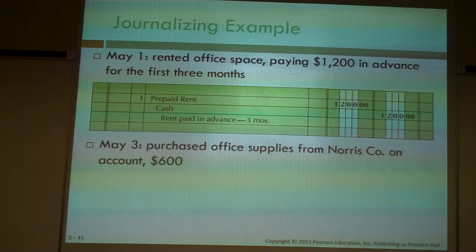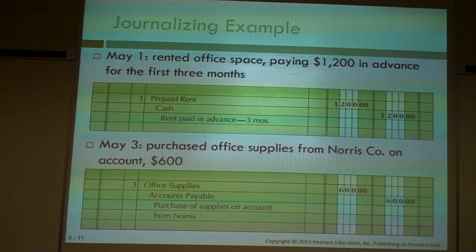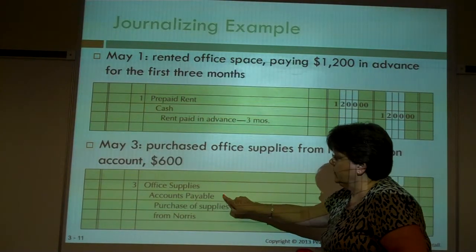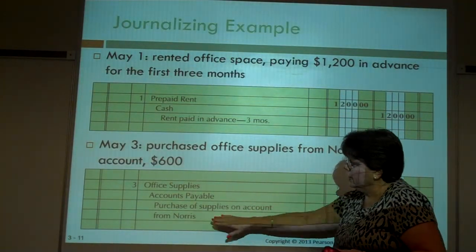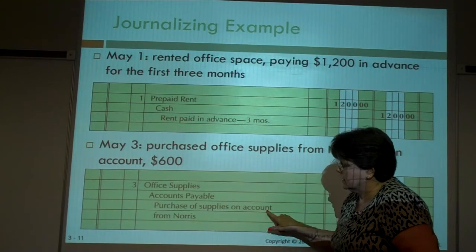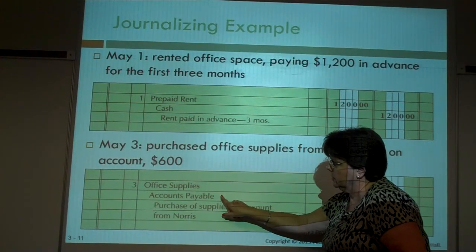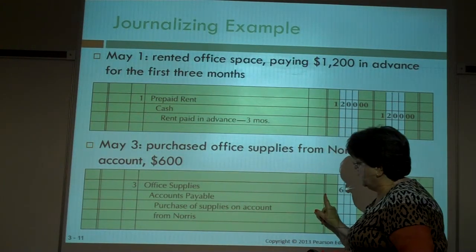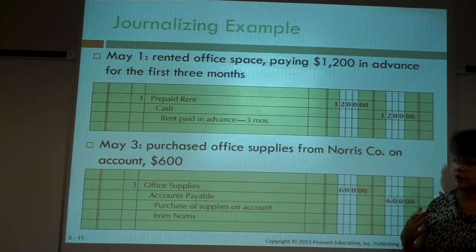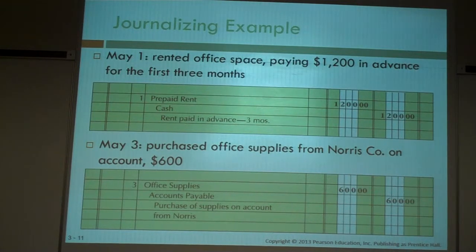Office supplies and accounts payable Norris Company, and that's what it's going to look like. Again, I would like to see the diagonal, because here, the Norris Company made us take 2 lines on the description. Diagonal Norris Company, diagonal, just to remind us later we have to post it twice. Are we still in balance? Yes.